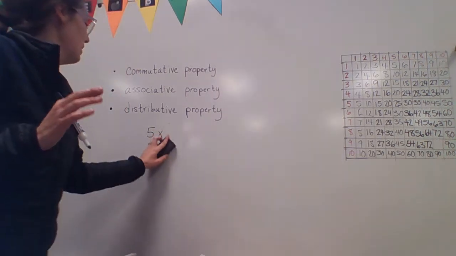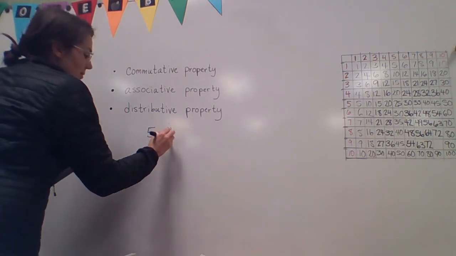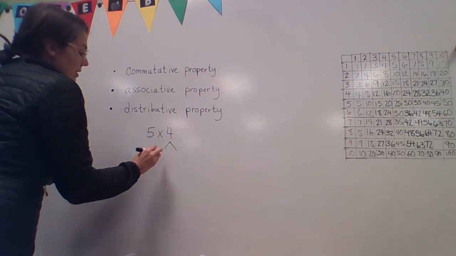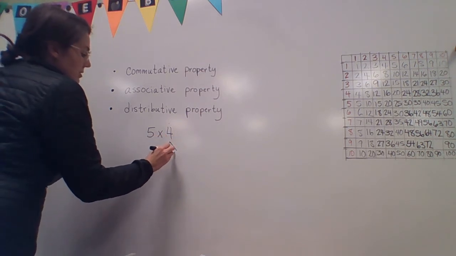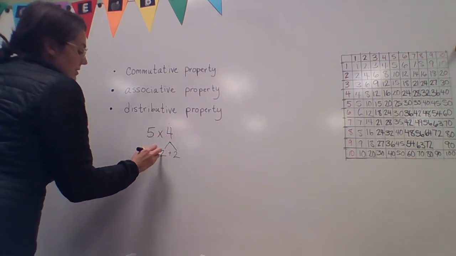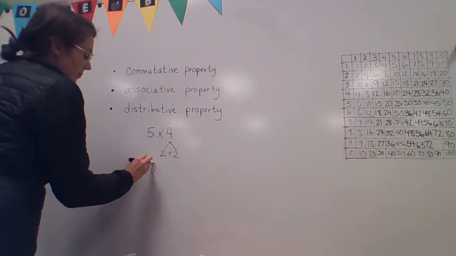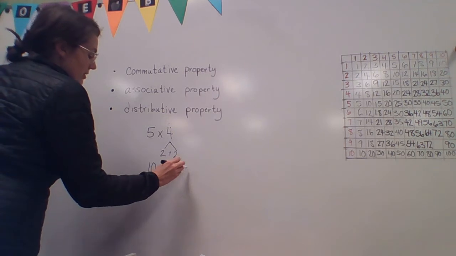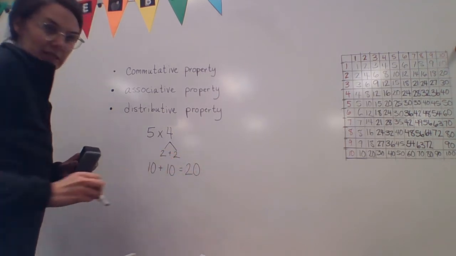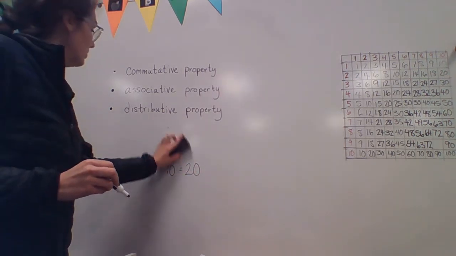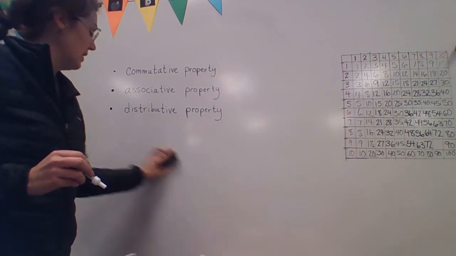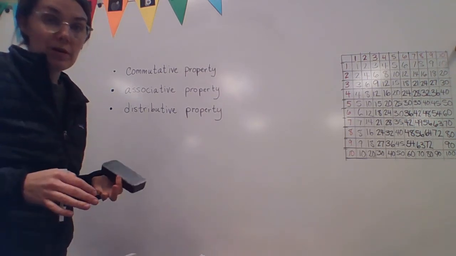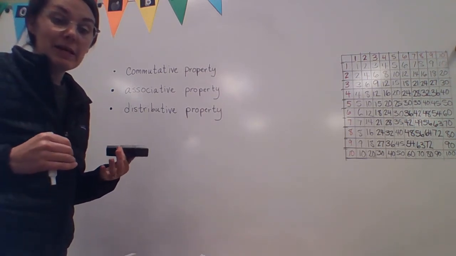Say I have 5 times 4. Also thinking of 4 as 2 plus 2. 5 doubled would be 10. 5 doubled again would be another 4, 20. So these are just big fancy ways of saying things that we have already been working on, but we're going to go ahead and see them in action a little bit.